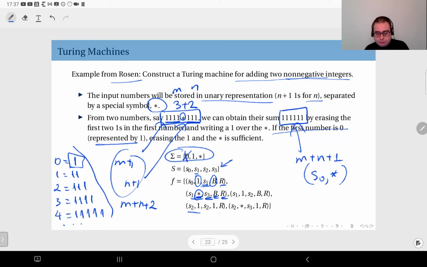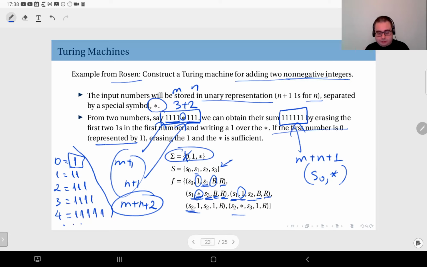And as you see, there is no configuration where the state is S3. That's the end of the operation. The machine will halt, so the result is whatever the second number is. That's how you add a number to 0. On the other hand, if the first number is not 0, then in state S1, your input will be a 1, which means go to a new state S2 and erase this one, because I need to erase one of the ones anyway, and go right, and then search for the separator.